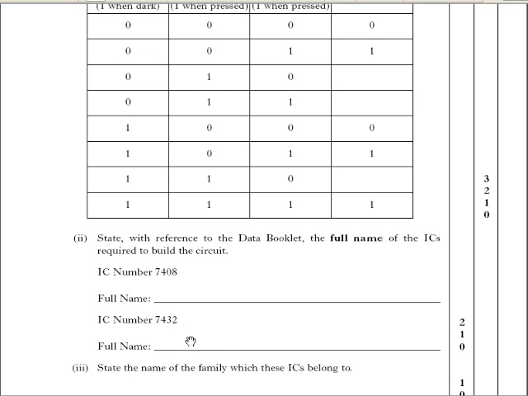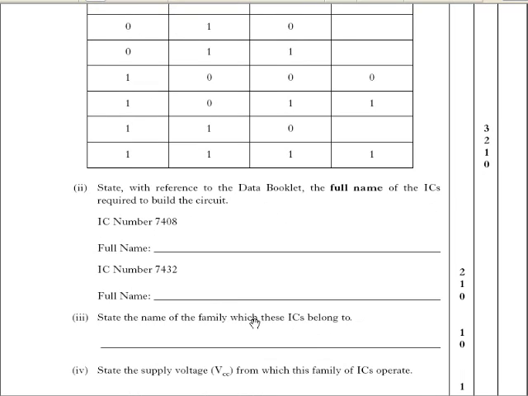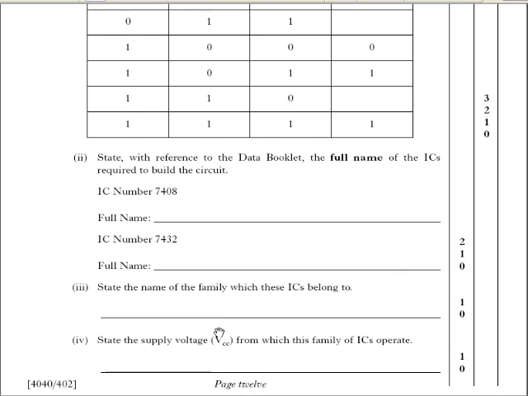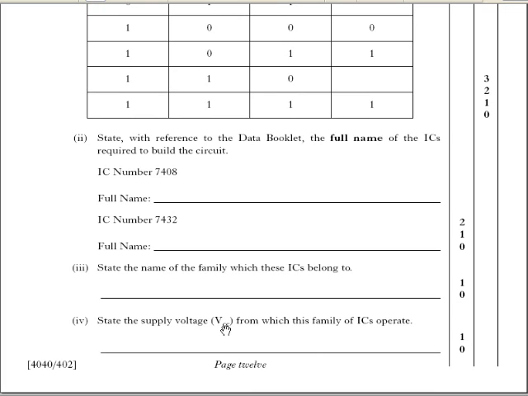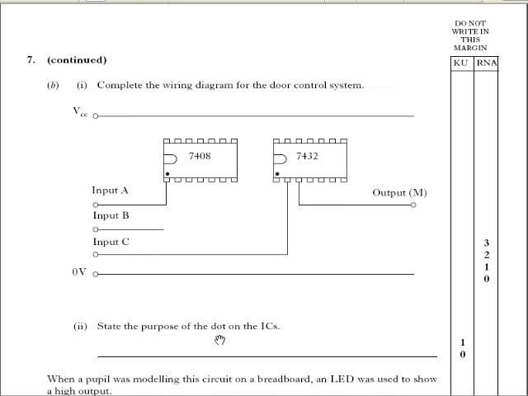The full name of the OR gate is a quad 2-input OR gate. State the name of the family to which these ICs belong. If it starts 74, that means it's a TTL chip. The supply voltage TTLs need is plus 5 volts. The CMOS ones need between 3 and 15, but the TTL need 5 volts. The 5 volts is quite a difficult voltage to achieve.